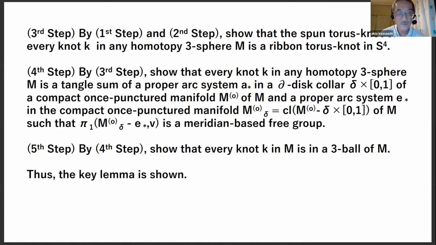So A star and E star are different. For A star the fundamental group is unknown, but it lies in the boundary collar, while E star is not in the boundary collar, and its fundamental group is a meridian-based free group. Such a tangle sum is the fourth step. The fifth step, by the fourth step, shows that every knot K in M is contained in a 3-ball of M. Thus the key lemma is shown.